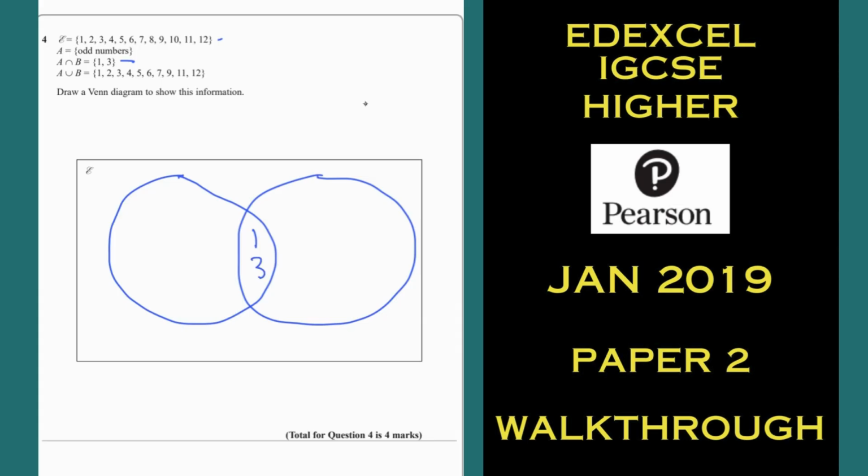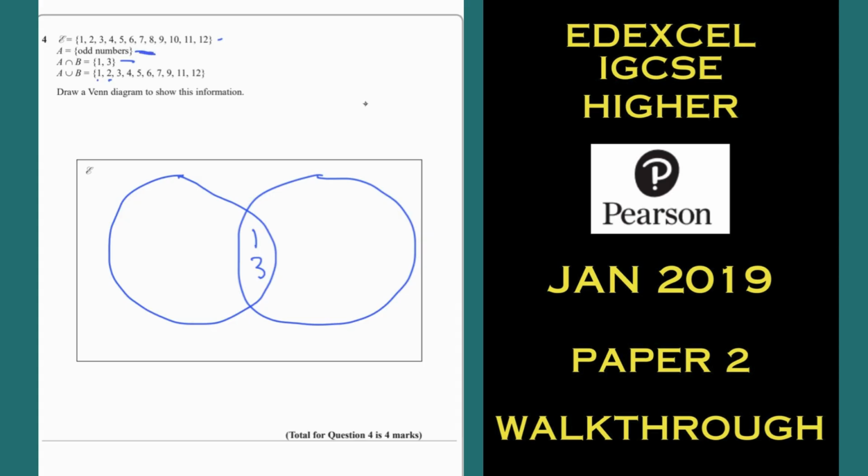A union B means all the numbers need to go into A or B or appear in both. So let's run through them. So 1's already done. 2 is even.